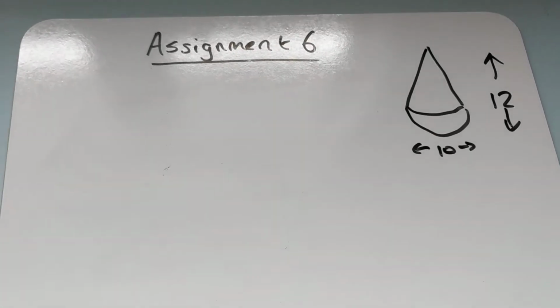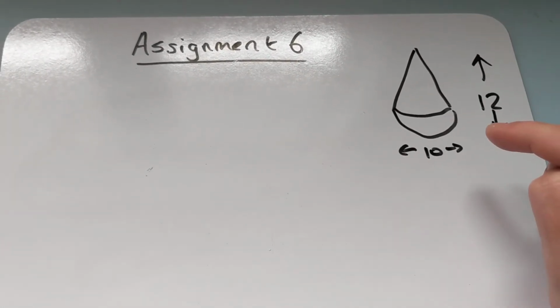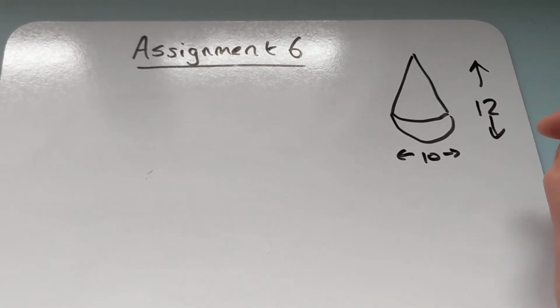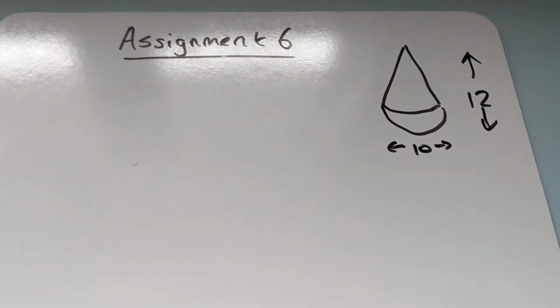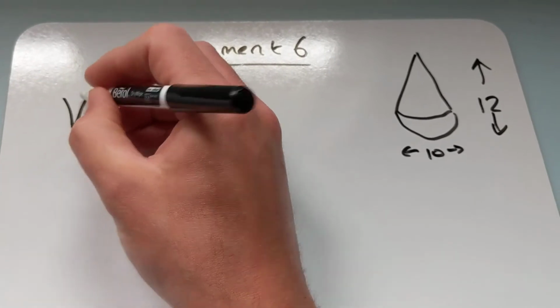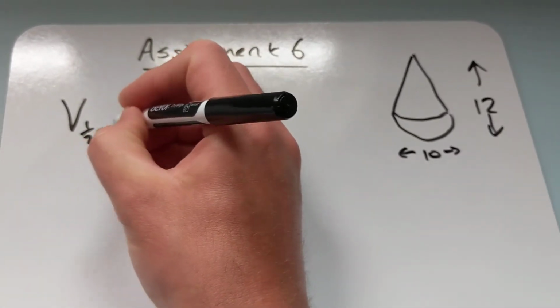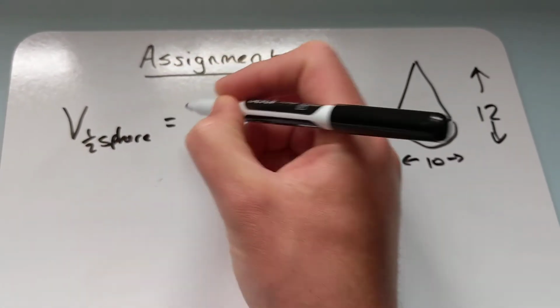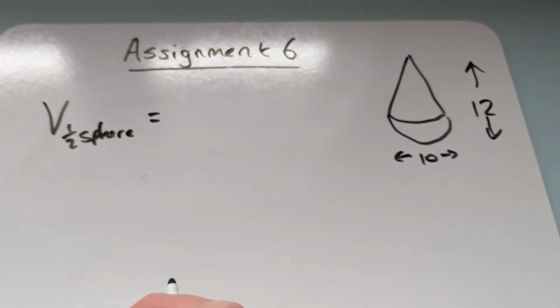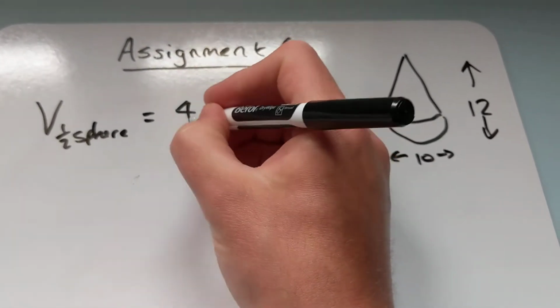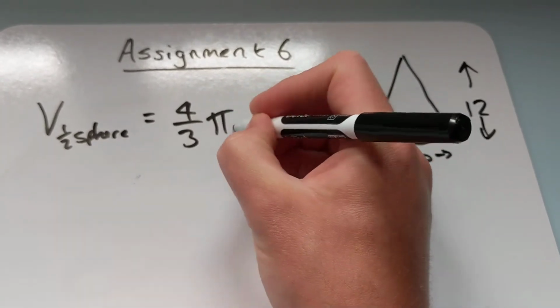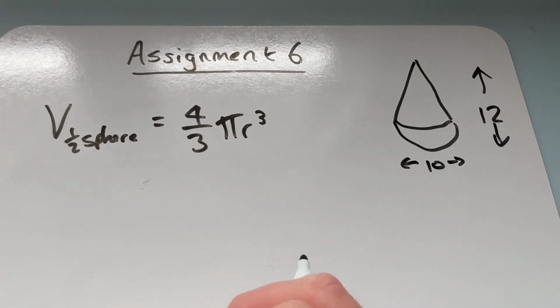Question 7 is to get the volume of this shape here, which is basically a hemisphere with a cone at the top. So how do we go about it? First of all, the volume of the half sphere, the hemisphere. The volume of the sphere formula is in your formula sheet, so in your notes somewhere. 4 over 3 pi r cubed is the formula for a sphere.